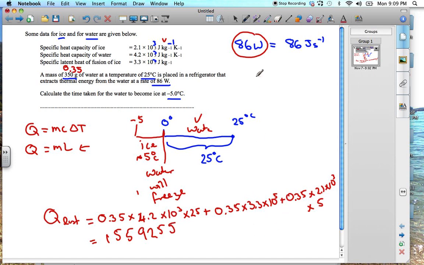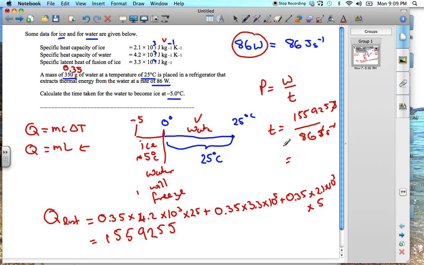So if we think of our formula, power is equal to work or energy over time, so time would equal the work, which is 155,925 joules, divided by the power, which is 86 joules per second. You see that your joules are going to cancel. Your s to the negative 1 is going to go to the top and become seconds.